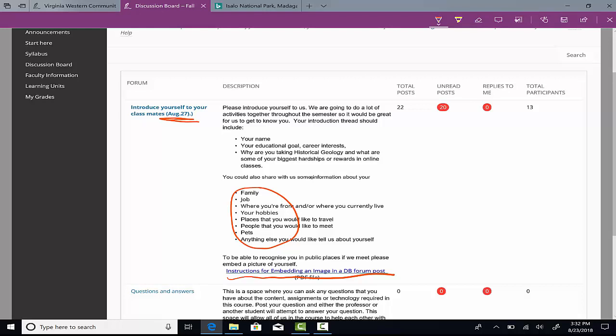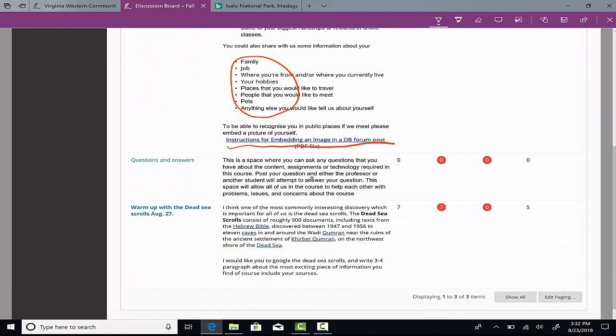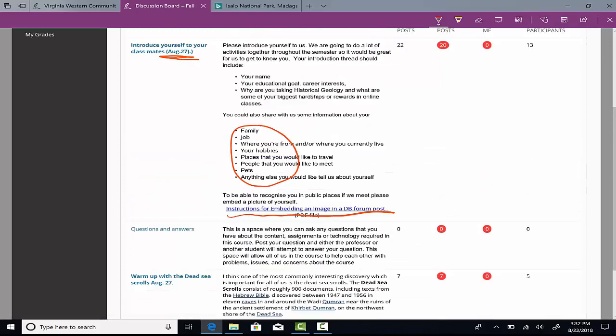So please do that for me. And the other reason is that if you go through each entry, like the warm up with the Dead Sea Scrolls, it's so much better if you have a picture with what you're trying to tell us. So please learn how to embed pictures and use the possibilities.